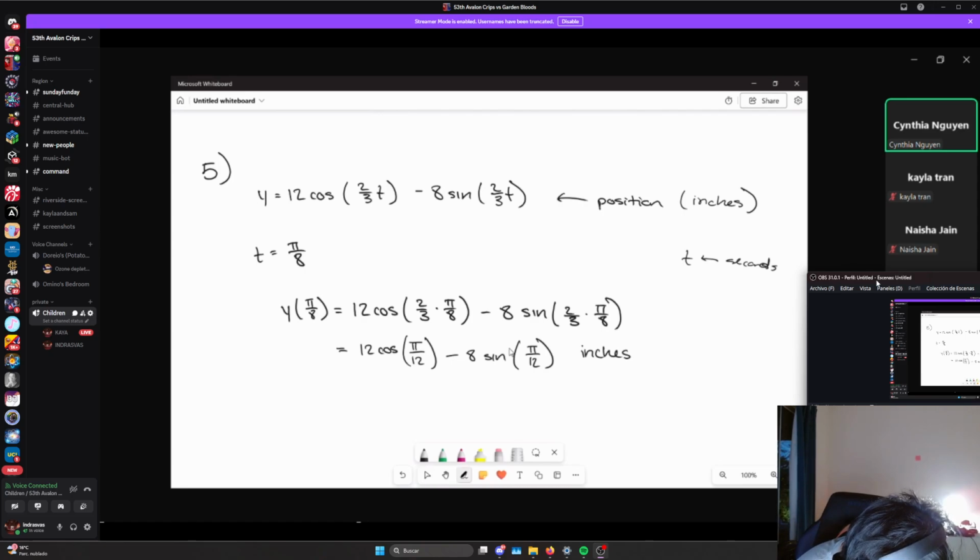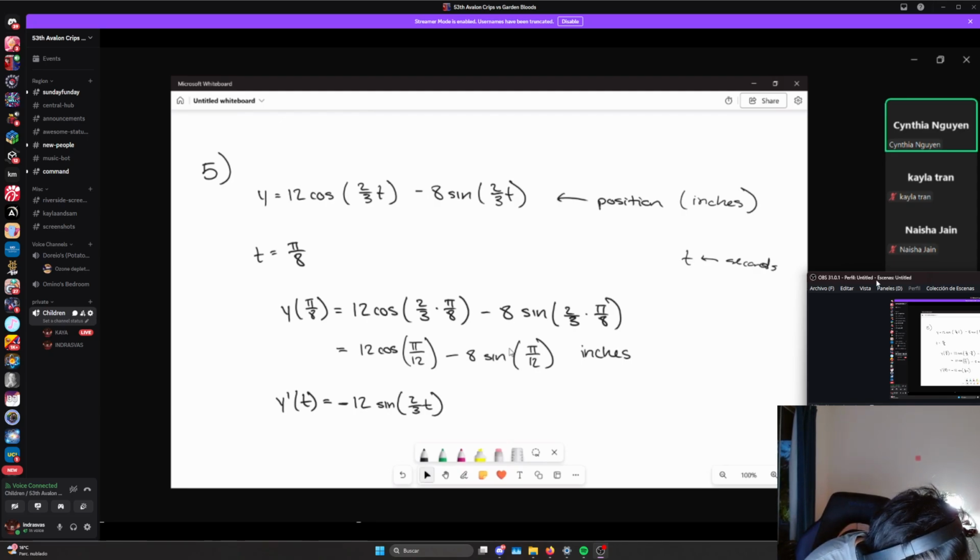So now for your velocity, you need the derivative of y. So the derivative of y is going to be a series of chain rule. The derivative of cosine is negative sine, so negative sine of 2 over 3 t.